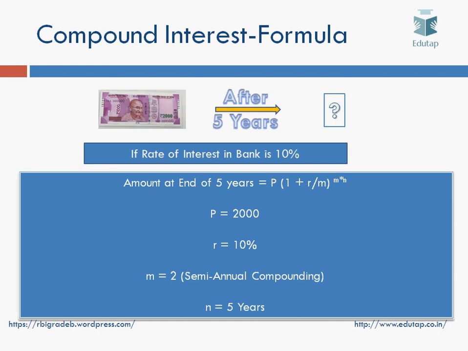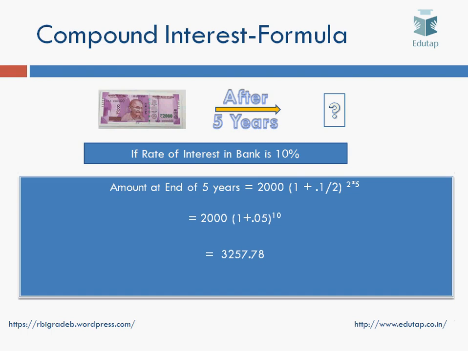Putting all these values in the formula, we get 2000 into (1 plus 0.1 by 2) raised to the power 2 into 5. 2 here is the value of M, the compounding frequency, and 5 is the number of years. The value we get is 3257.78.